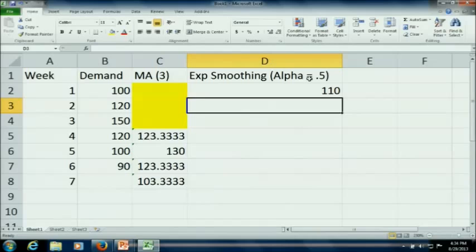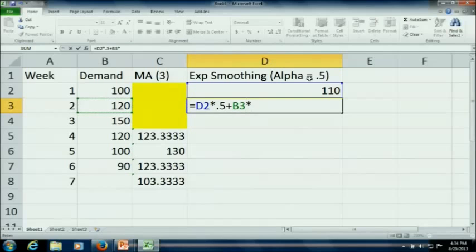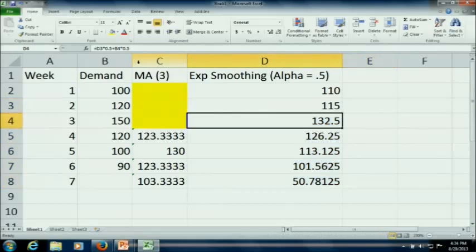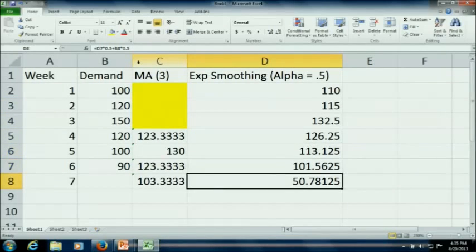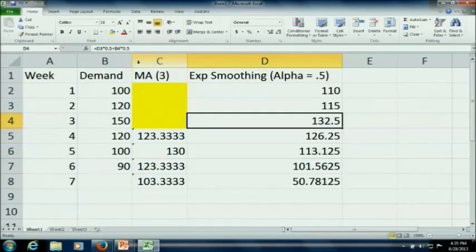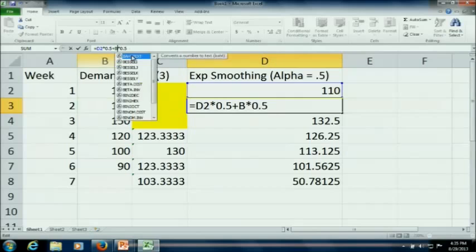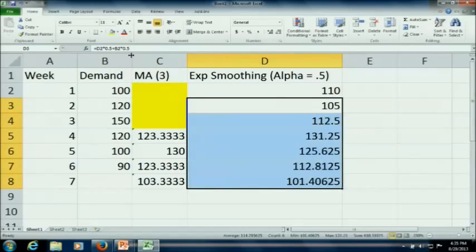Now the next period, I would take my forecast value times 0.5 plus my demand times 0.5. I messed up. It should be B2, my demand from my prior period. It's embarrassing. And so now my forecast is 101.